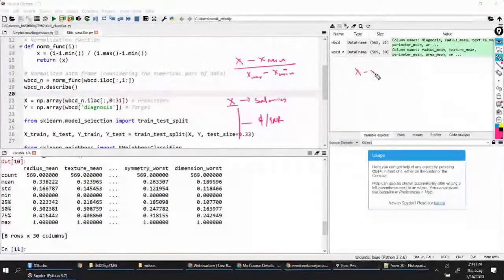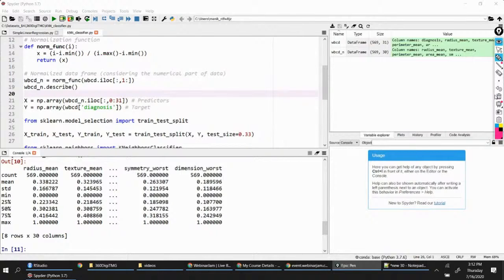So I'm saying dollar minus dollar divided by again dollar minus dollar. So what is happening? This data is becoming unitless. That's another advantage that we have with this particular normalization calculation. So we apply that normalization to the data to bring the scale of all the data points between 0 to 1.